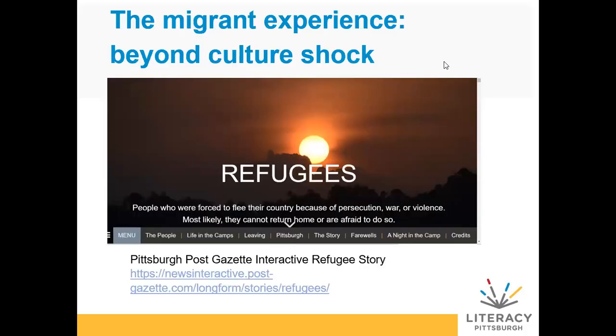Okay. So the migrant experience is not quite the same. Okay. And so there are some aspects of the culture shock model that might apply, but people who are coming here, whether they are immigrants who have chosen to come here, or whether they have experienced forced migration, will not have a reentry.